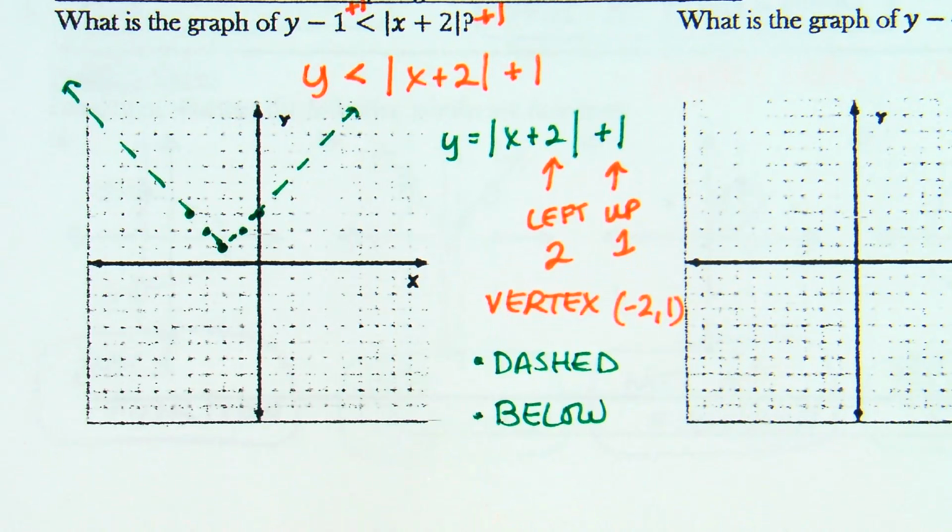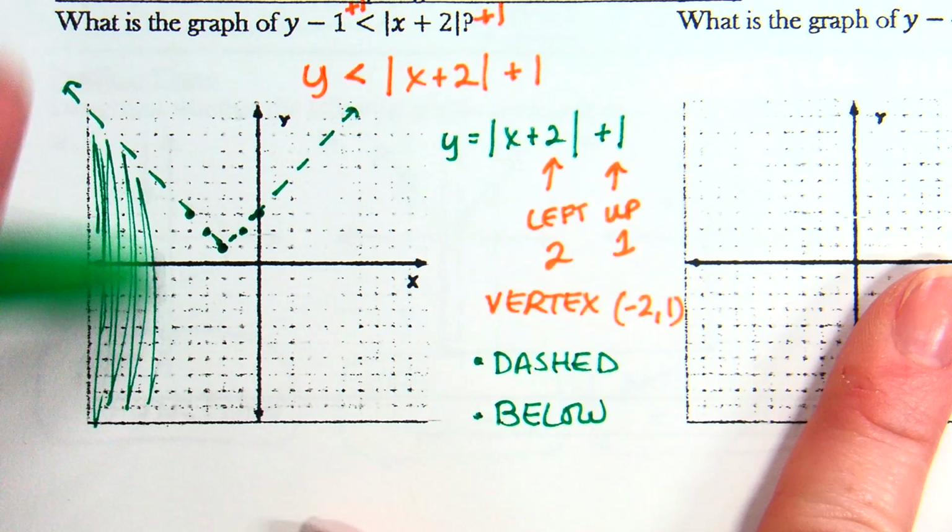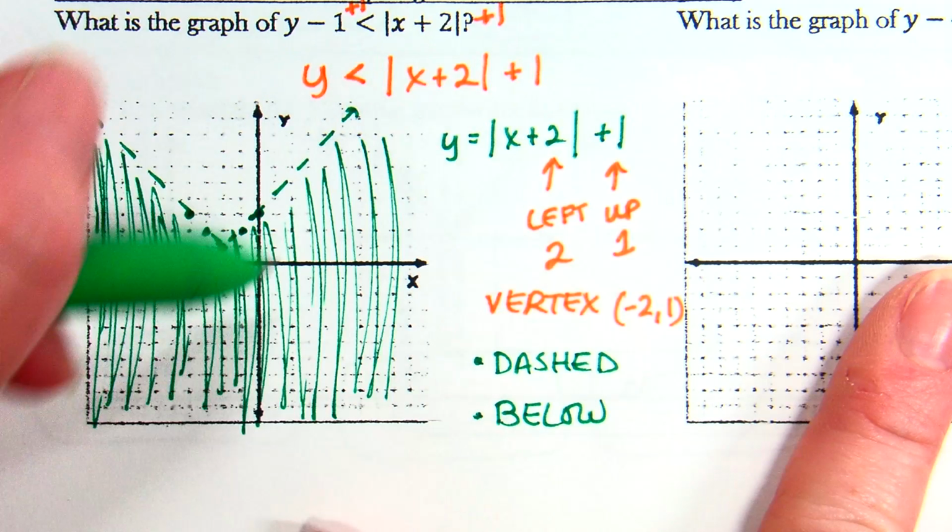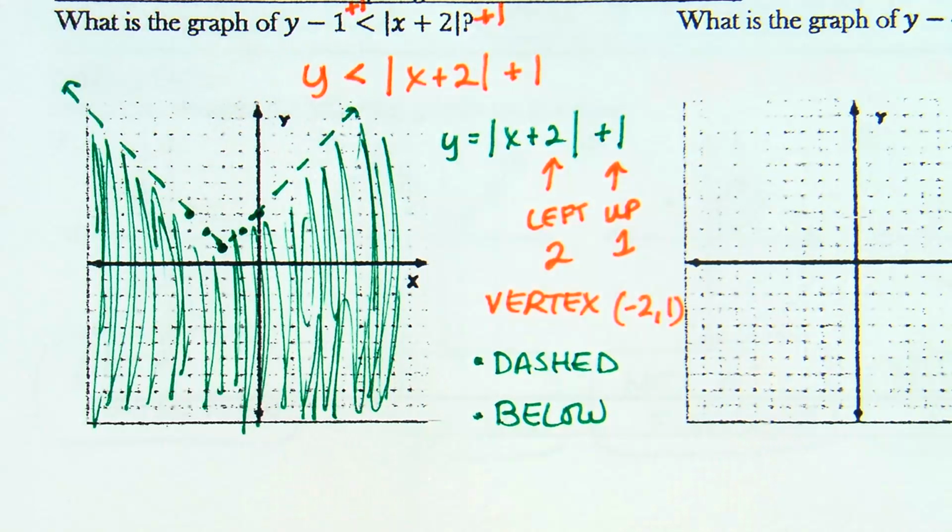So it's everything below the V, which means the only section of that graph you're not shading is the stuff inside the V. And there's lots of coloring going on. Shading. Let me be official here.